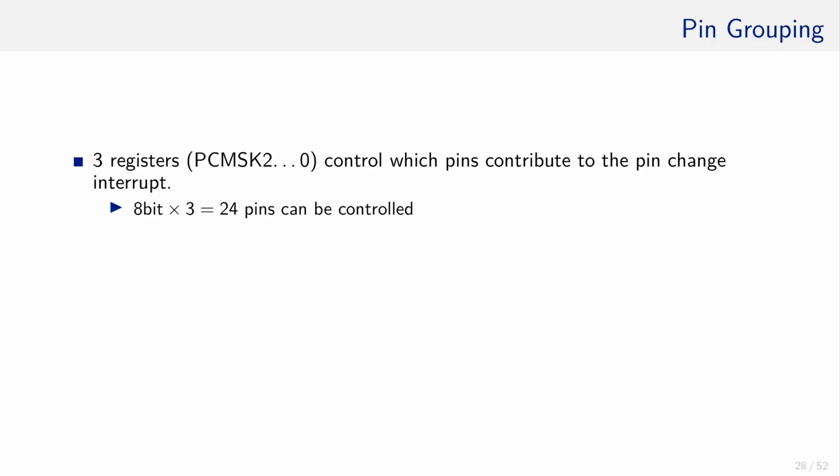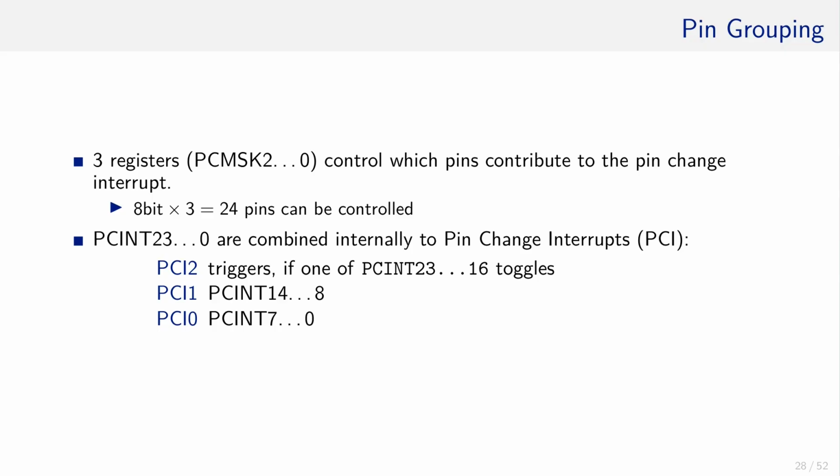First, there are 3 pin change mask registers, each of 8-bit in size: PC mask 0 till PC mask 2. All 3 times 8, that is 24 pins that can issue an interrupt request, have a dedicated bit in one of those registers.